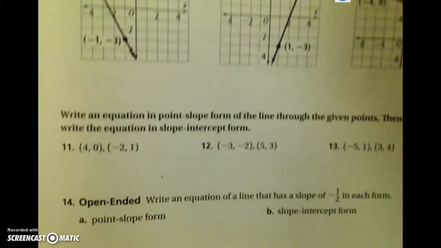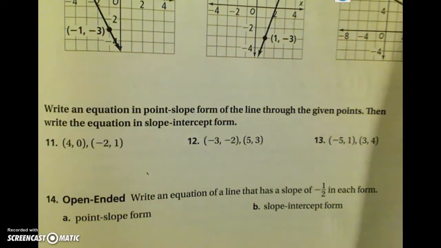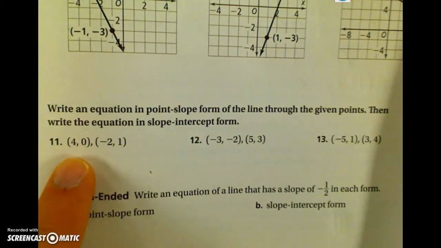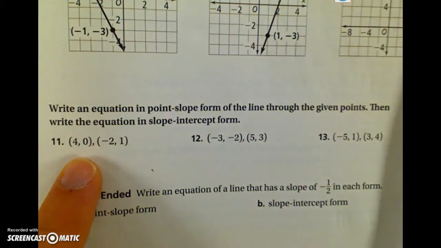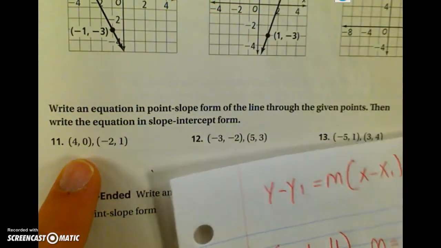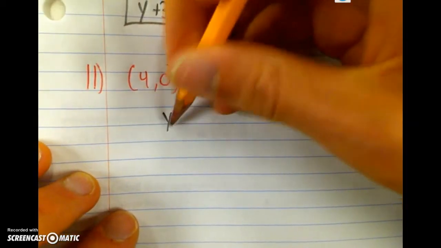Now for 11 here, it says write an equation in point slope form of the line through the given points, then write the equation in slope intercept form. Okay, so let's take a look at number 11. To get started into our point slope, I have a coordinate, but I don't know what my slope is. So we're going to have to find the slope.